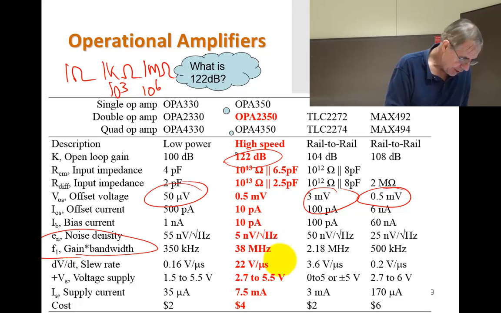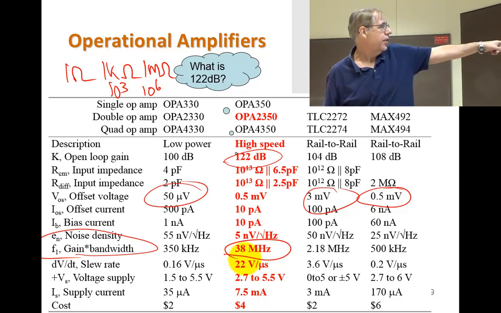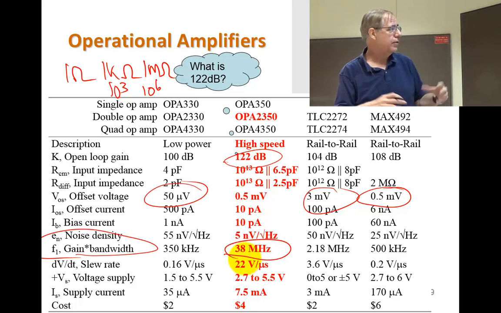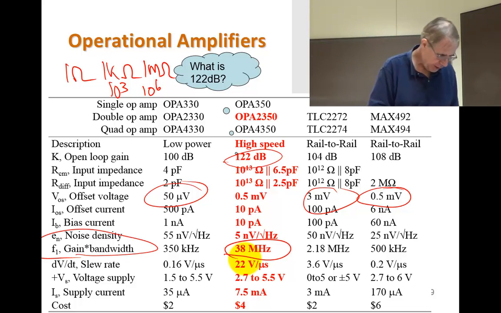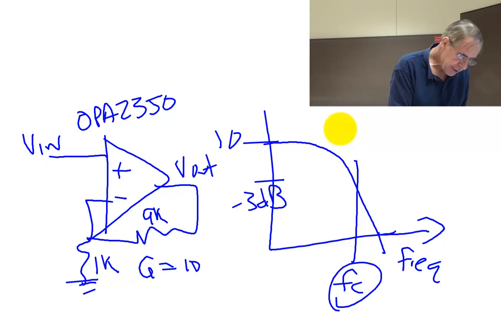That's this guy right there, telling me that the gain times the bandwidth is 38 megahertz. So this tells me in this figure that this number here is 3.8 megahertz.